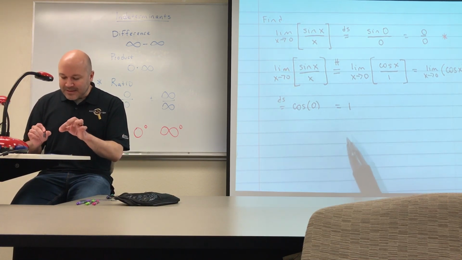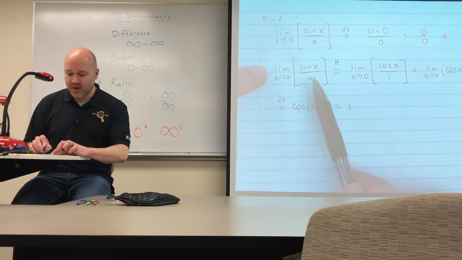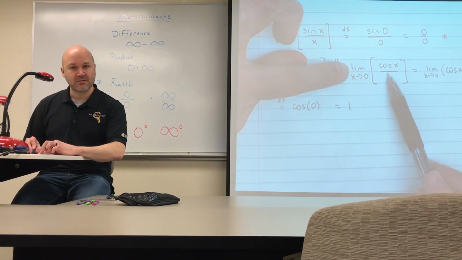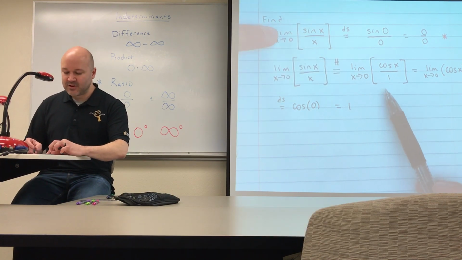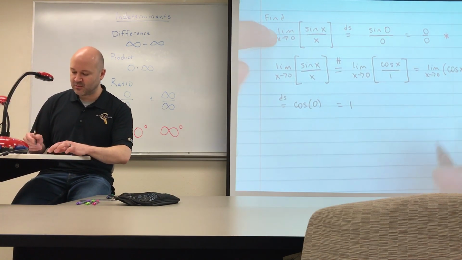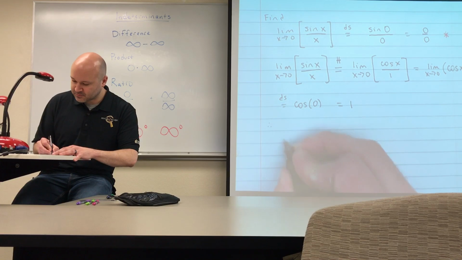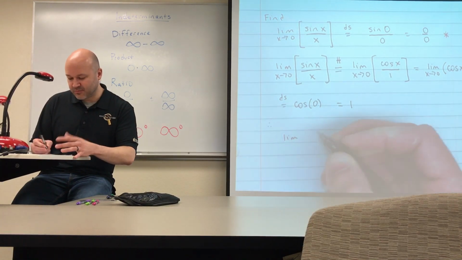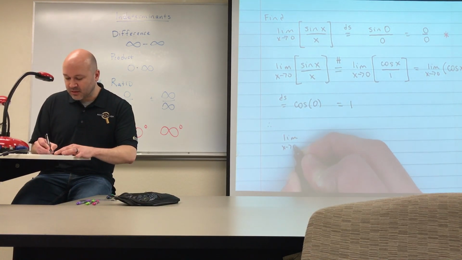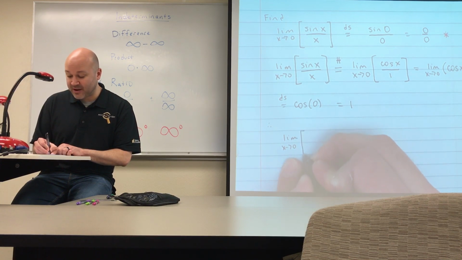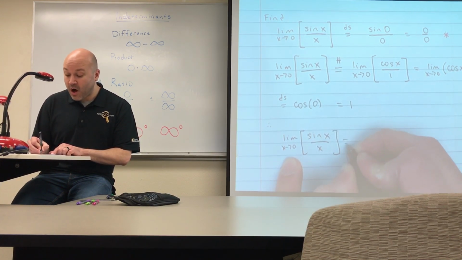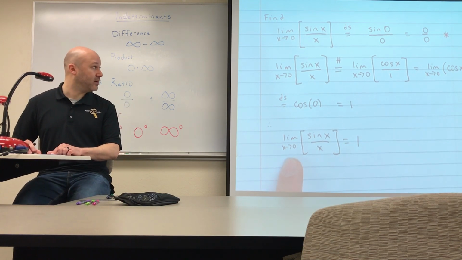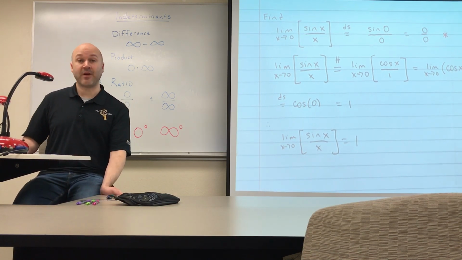Because the limit of their derivatives, top and bottom separately, is 1, the limit of what I was looking for is also 1. So I'm just rewriting it. The limit as x approaches 0 of my original function, sine of x over x, will also be 1.